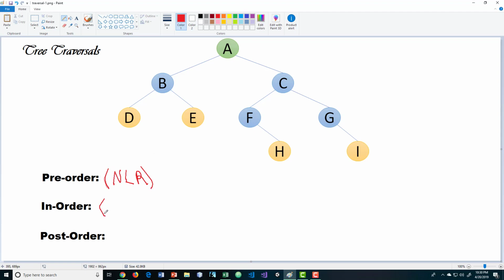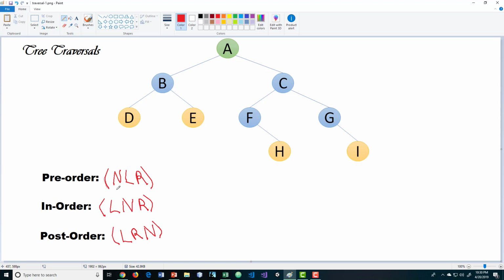In all of these, including in-order, which is LNR, and also post-order, which is LRN, you'll notice that the L and the R are always in the same order relative to one another. The L is always before the R. But the N is what's moving.